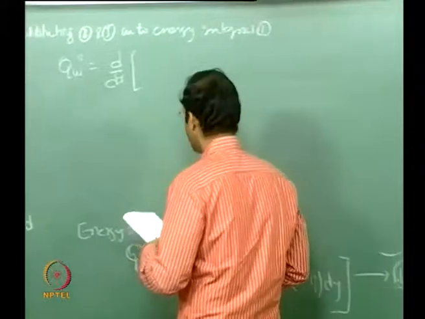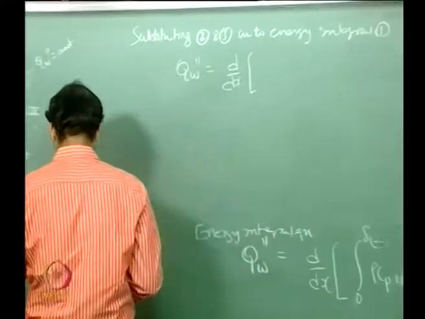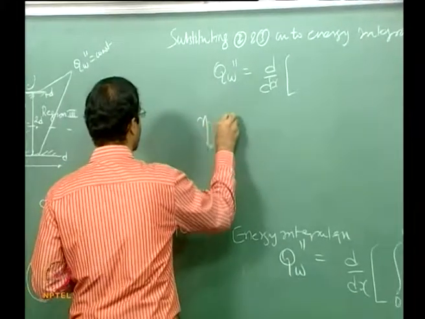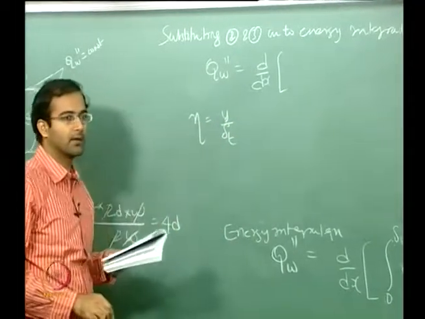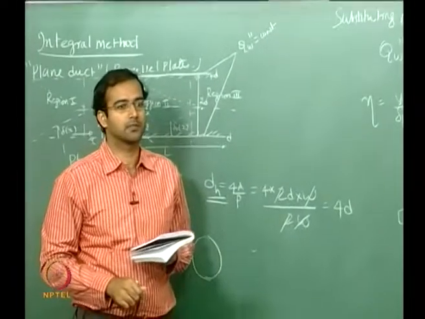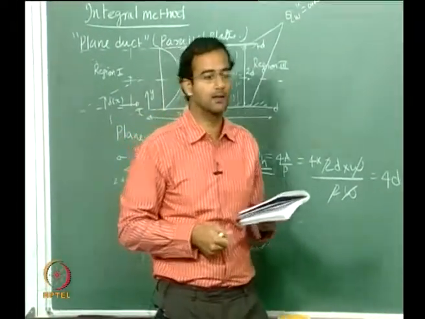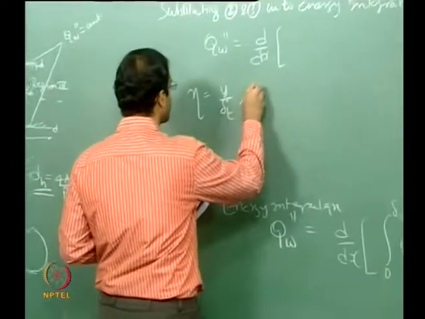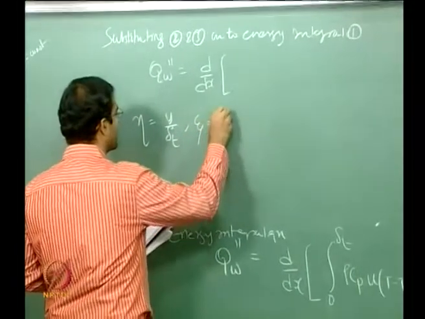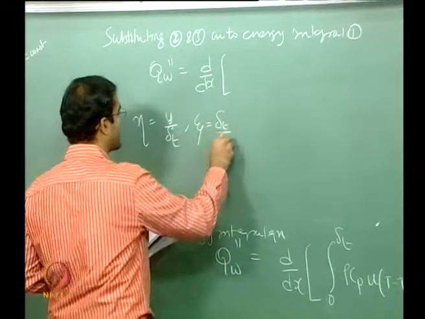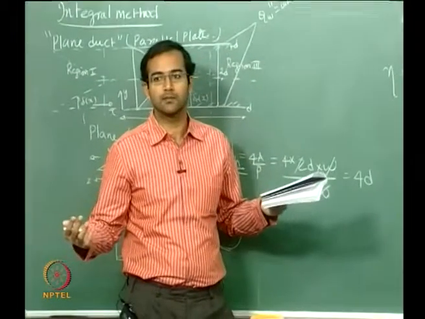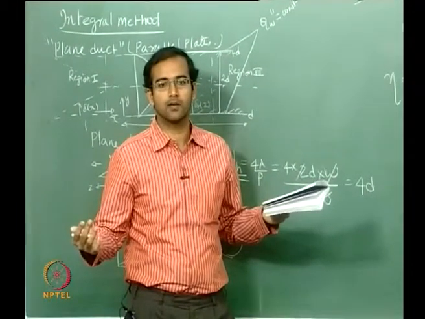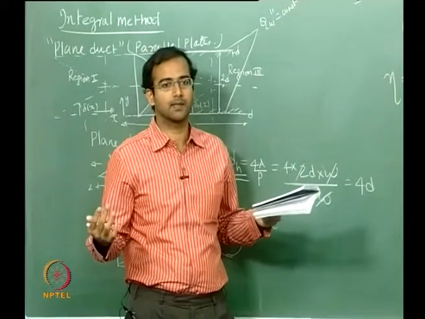I am going to introduce non-dimensional variables here. One I call eta, which is y by delta t, very similar to the external flow. You introduced zeta there to denote delta t by delta, right? So here we don't have any delta because we don't talk about the momentum boundary layer thickness.